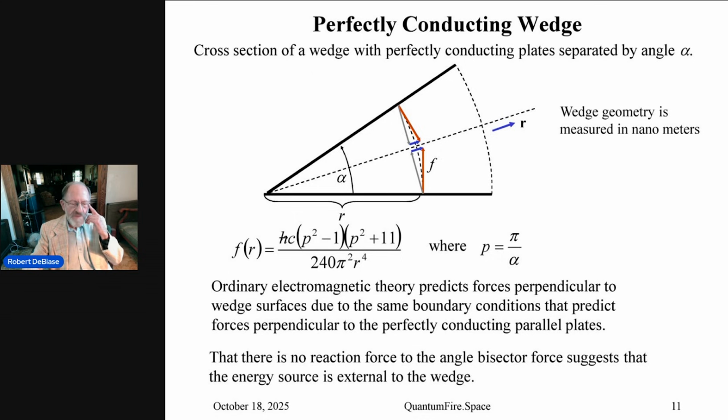And all of these papers give this formula here. And the force, which is a force per area, which essentially is a pressure, is determined by the angle alpha and the distance from the apex or the vertex.